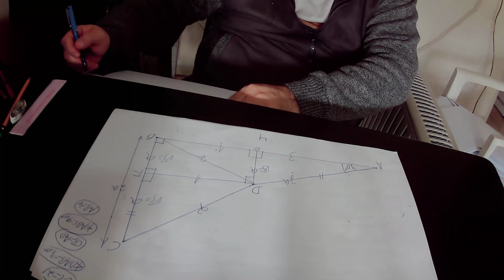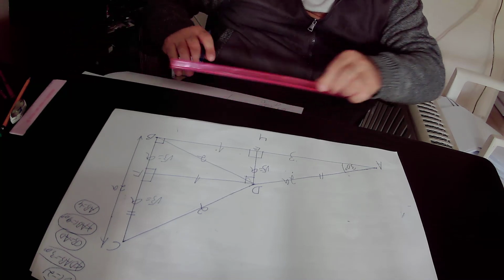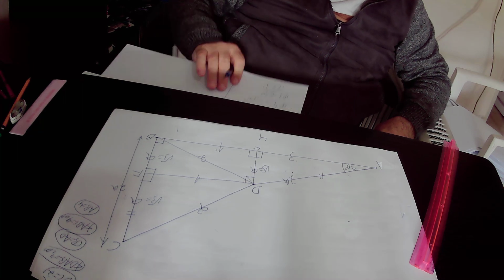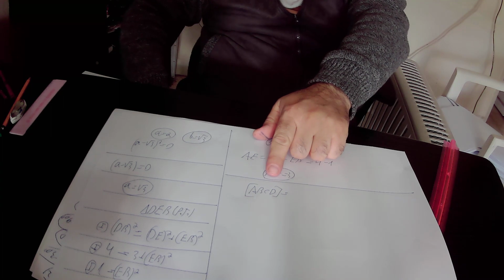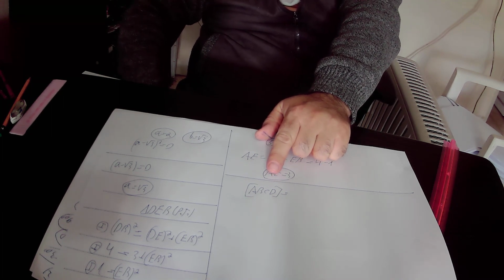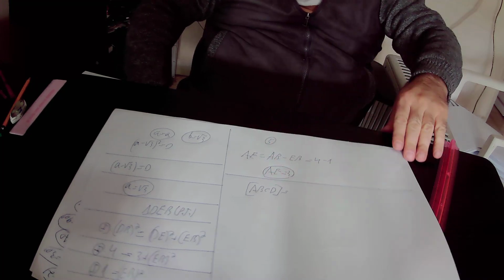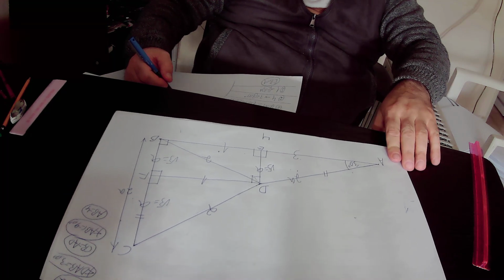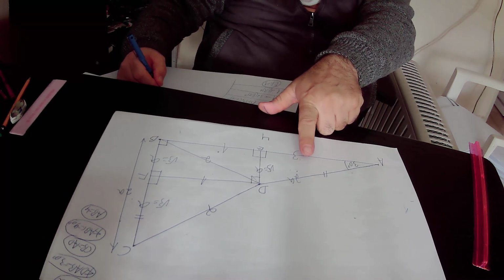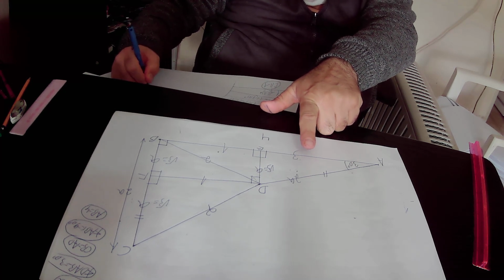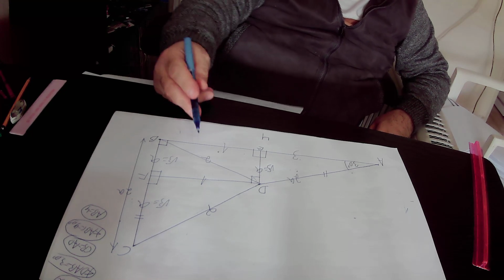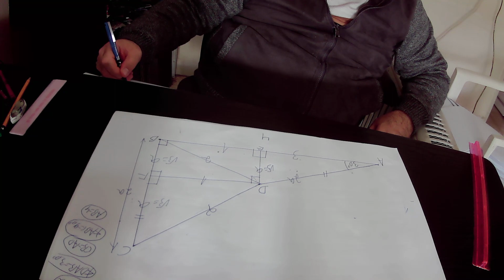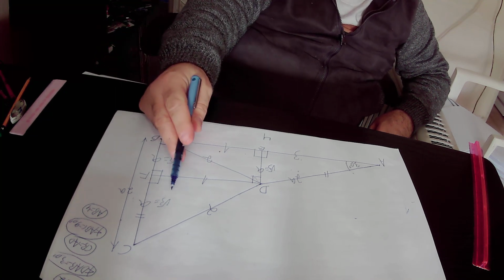The area of quadrilateral ABCD, here the square brackets are the sign for the area, will be equal to the area of the right triangle ADE, plus the area of rectangle DFEB, this rectangle, plus the area of the right triangle DCF, this triangle.